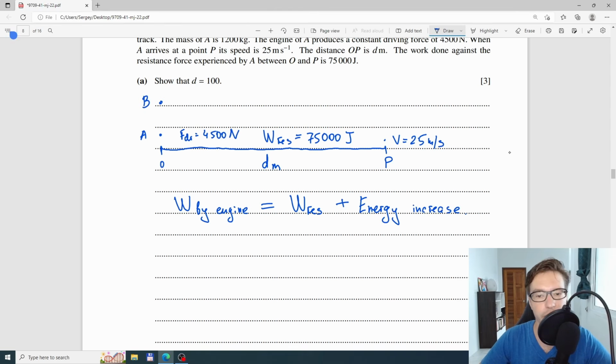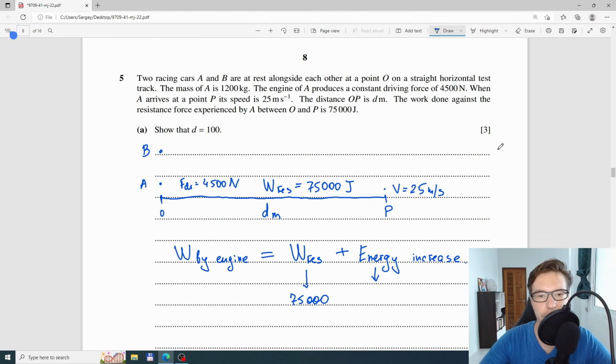We already know that the work done against the resistance is 75,000. What's the energy increase? The track is horizontal, so the only kind of energy which is increasing in that case is kinetic energy. And we know it's mv squared over 2.